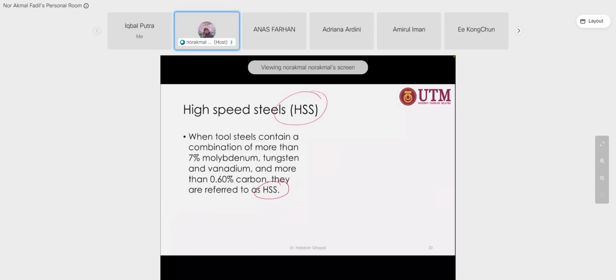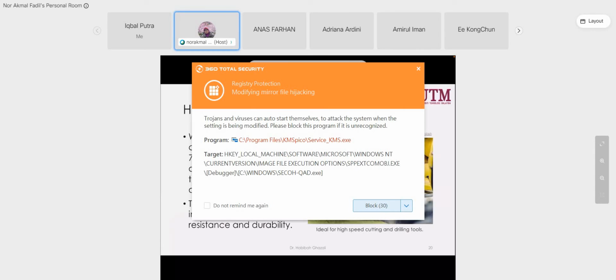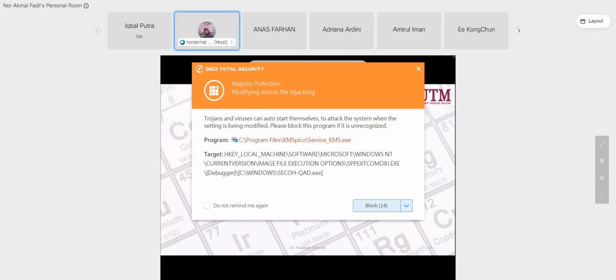But if you cut at high speed, there is another special tool steel, like the drilling tools. For high-speed cutting, you are going to need this higher performance steel category.